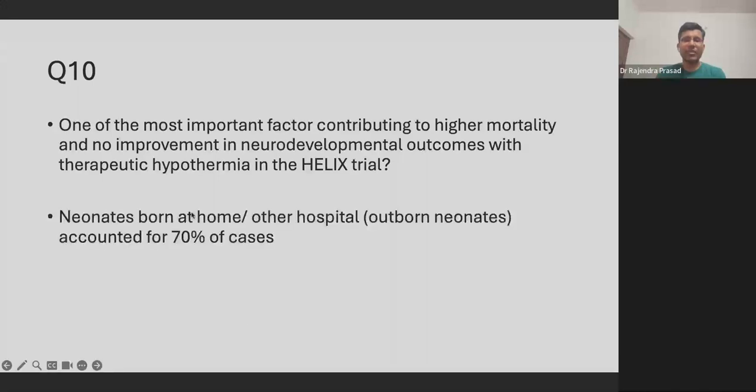The most striking thing we found is the outborn babies. They accounted for about 70% of the cases. That is not the scenario in most of the hospitals where we give therapeutic hypothermia. We give it mostly for the inborn babies, but somehow they selectively chose hospitals where outborn babies are being treated. Okay, that's beyond the scope of this discussion, and I will stop here.